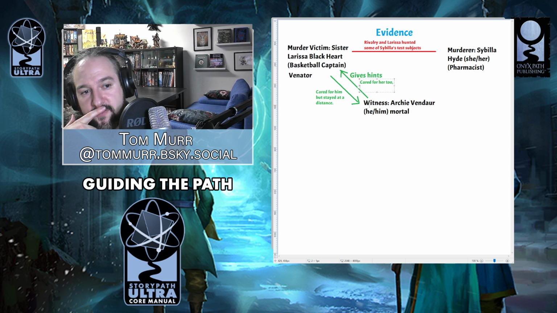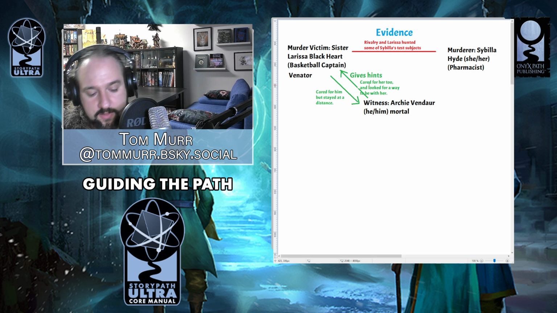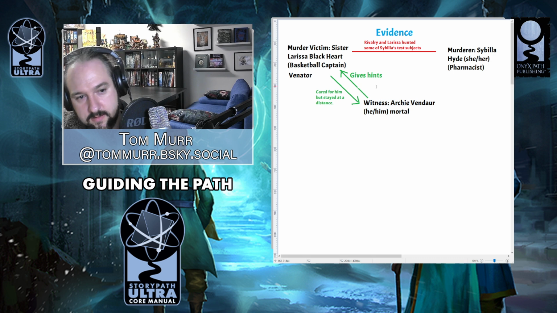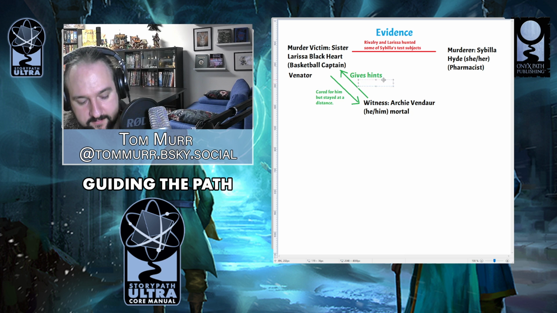Cared for her too, and looked for a way to be with her. The path to hell is paved with good intentions. And this is why you shouldn't use paint for any of this.